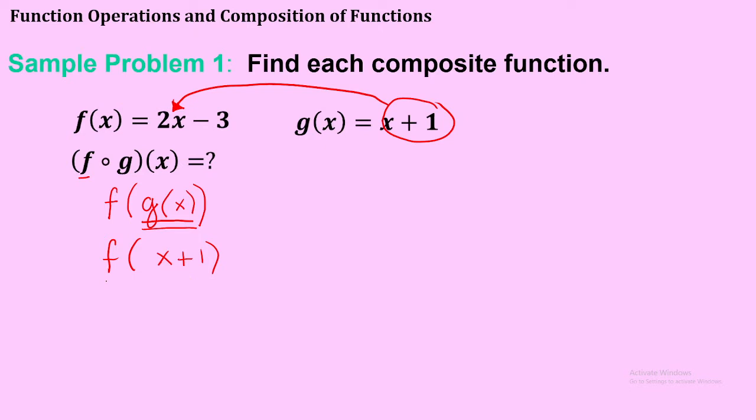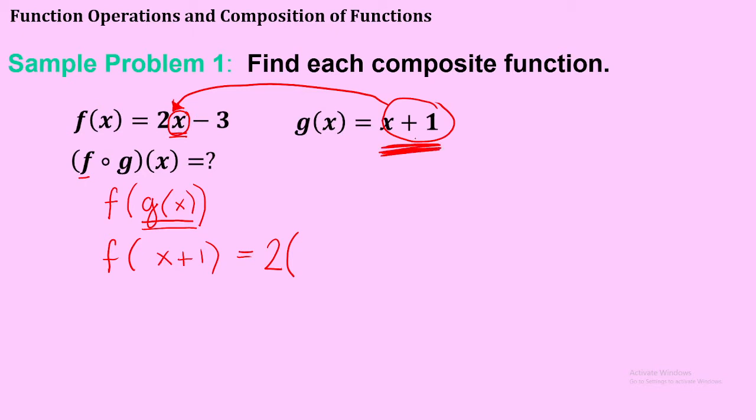Now, this is the function of f. So I'm going to focus on the function of f, which is 2x minus 3. So this x, class, I will substitute x plus 1 over that. So this becomes 2 times, what is the value of x now?